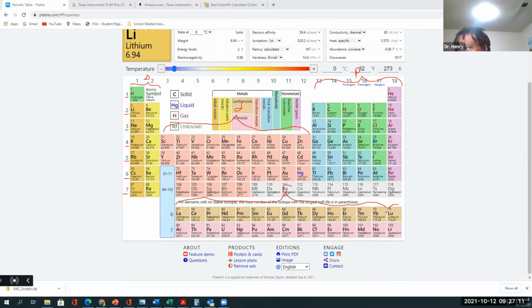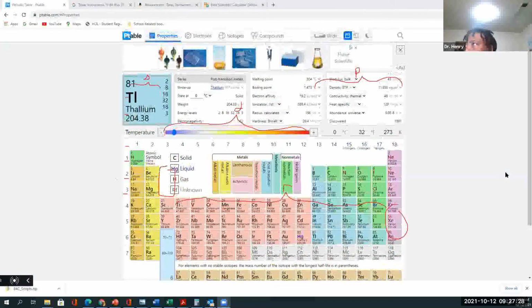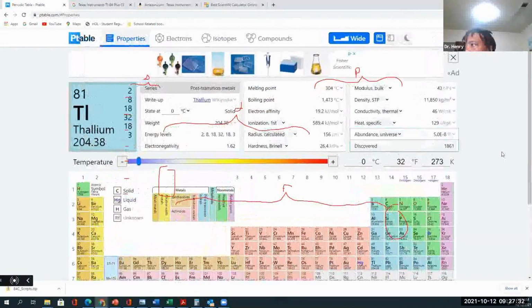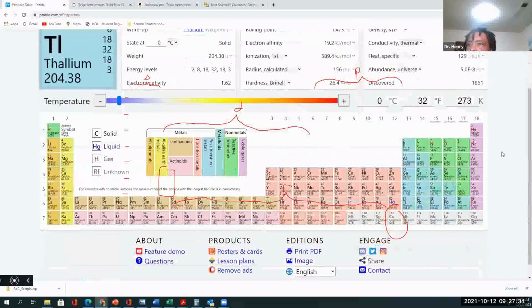Okay, now these two here, these guys are really located right here. They're placeholders right here. I'm going to give you guys a different look at the periodic table. Give me 1 second. Can you guys see that?